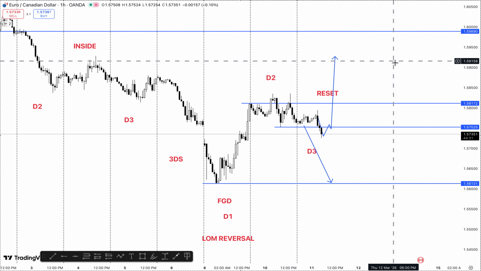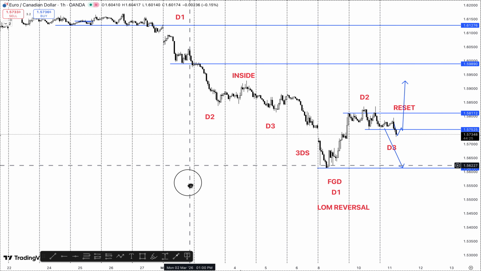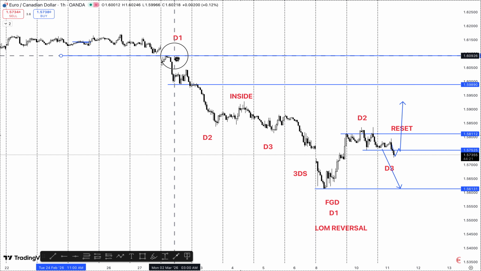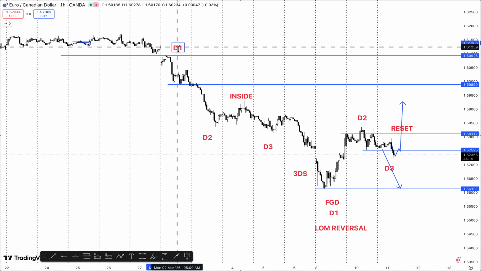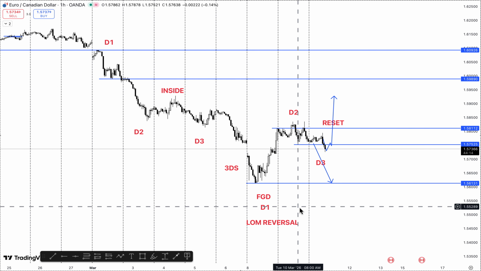Okay, so I want you guys to take your time. Where is previous week's high? This previous Monday, this is the high of Monday, high of week. We have a new Monday. This is the low of Monday. So Monday, Tuesday typically sets the initial high and low of the week.